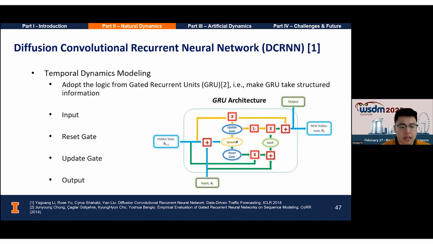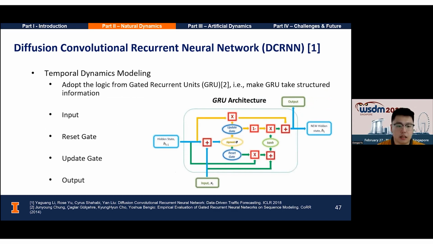The general idea of the temporal dynamics modeling is inspired by the recurrent architecture called gated recurrent units, or GRU for short. The key point here is how to make GRU take the structure information, or the graph information.